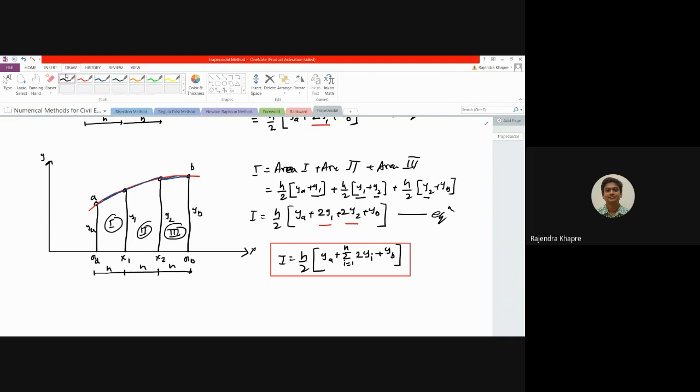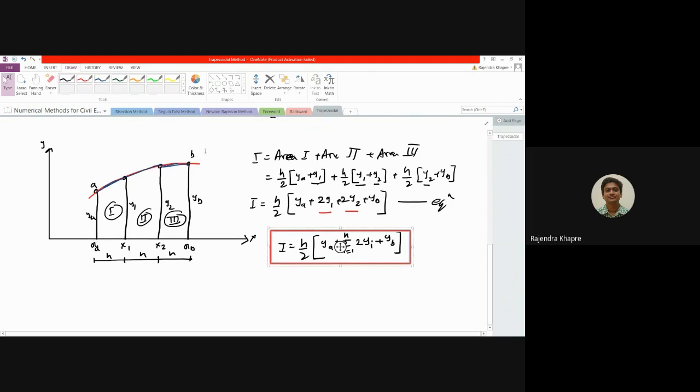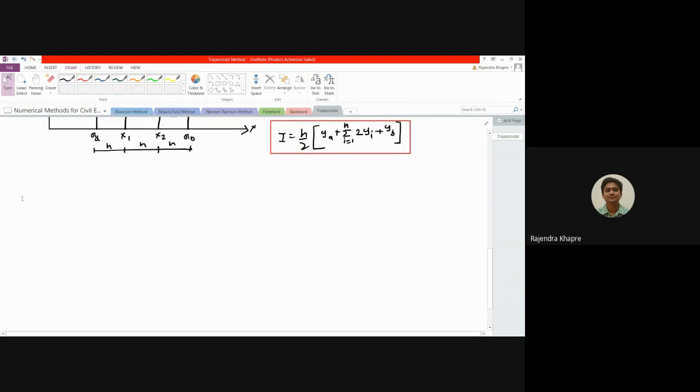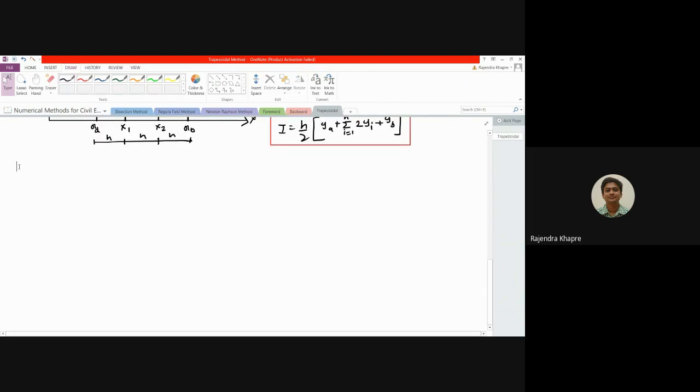Okay, so let us jump to the numerical part then. This is the derivation part, so let us take one example. This example is very simple.